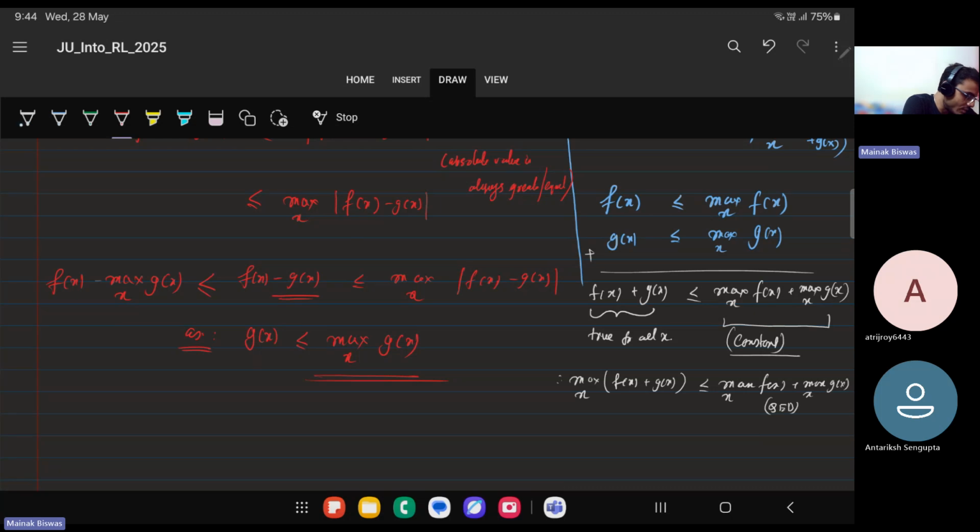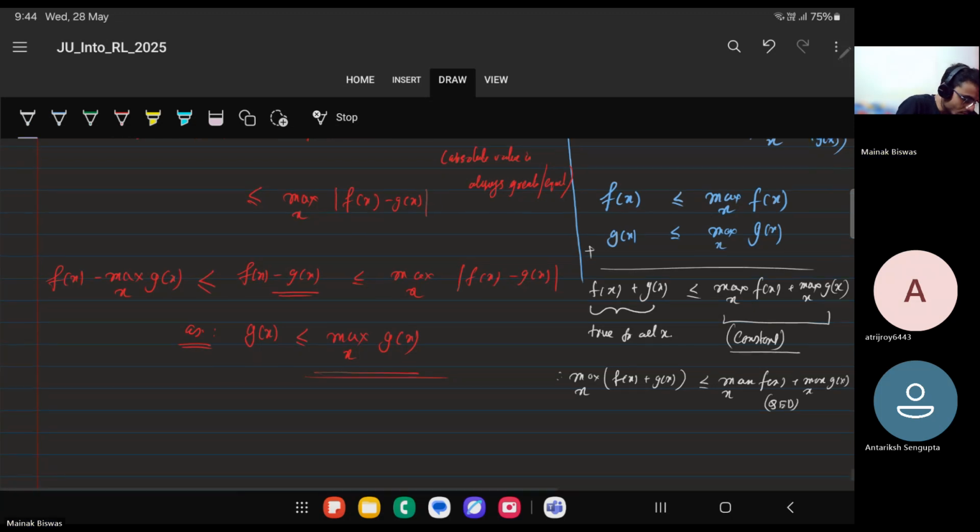So now you see, now it's very simple. So if this is true, this is a constant again. Do you agree? Constant. Yes. So if this is a constant, this is the only function to optimize over.